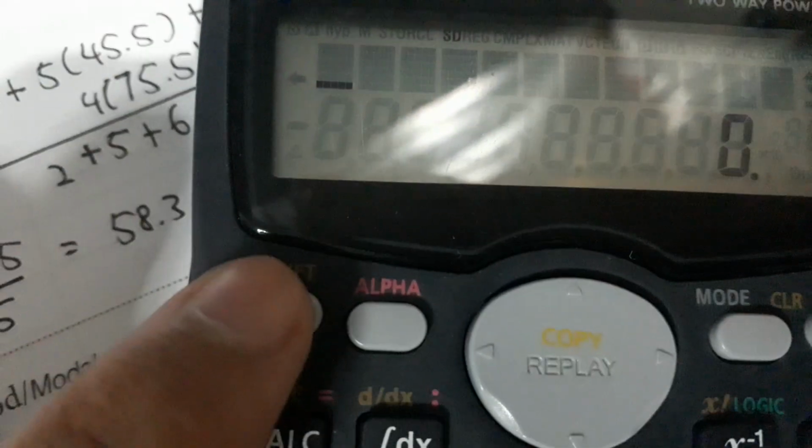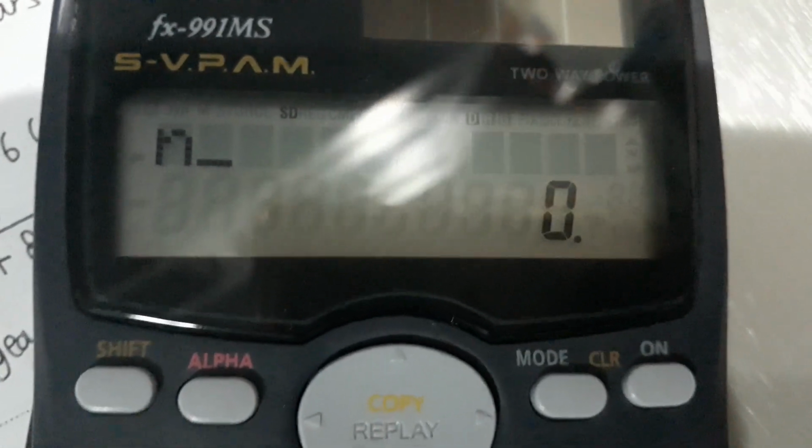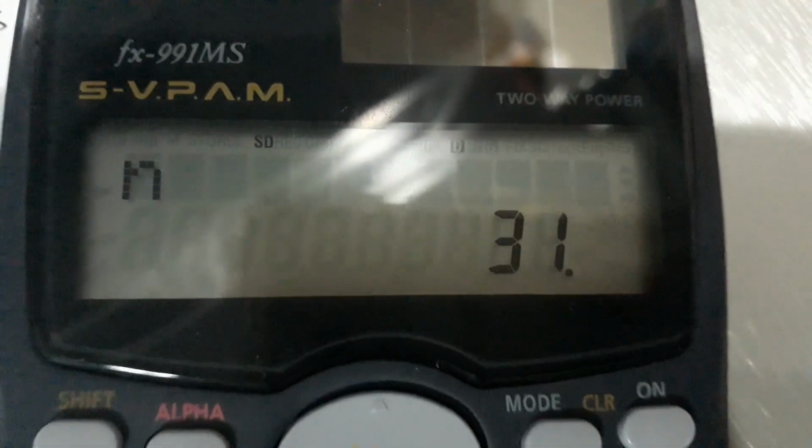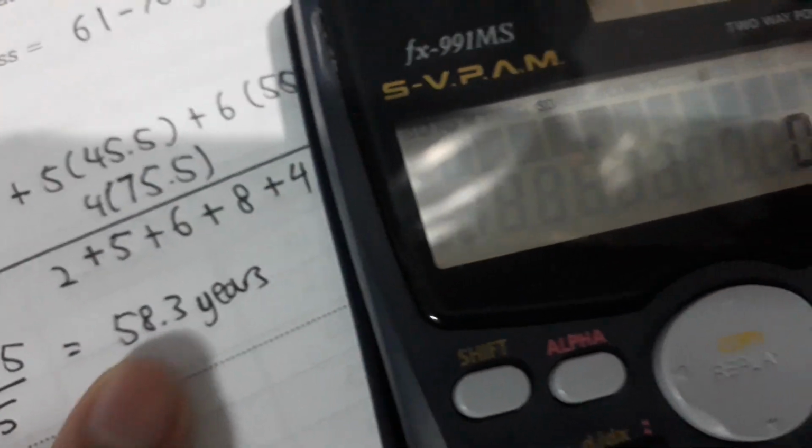If you want to check the value of the total frequency, press shift again, go to number 1, and then you press 3, you get N, you press equal, you got 31. And then you want to find the final answer, which is the mean of x.